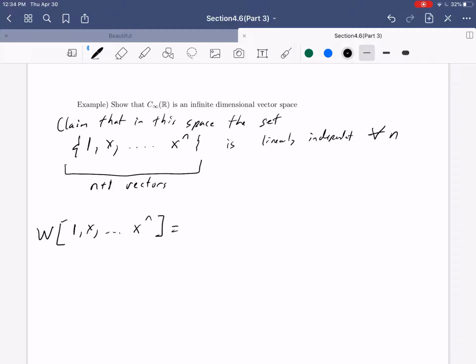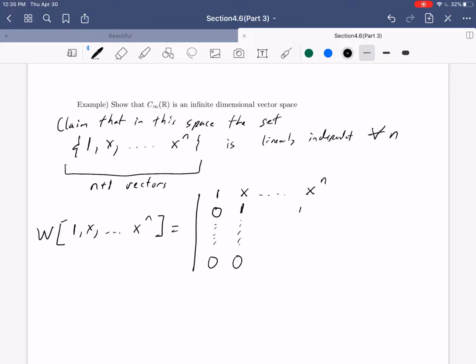And if you think about what that Wronskian looks like, we know it's going to be the determinant, where you have 1, x, up to x to the n. And then we take derivatives. So we'd have something like 0 and then all zeros, because once you take the derivative of this once, it's going to be 0 and it'll continue on. Whereas here, it would be 1 and then all zeros.